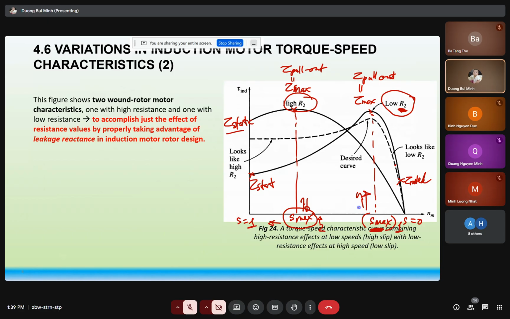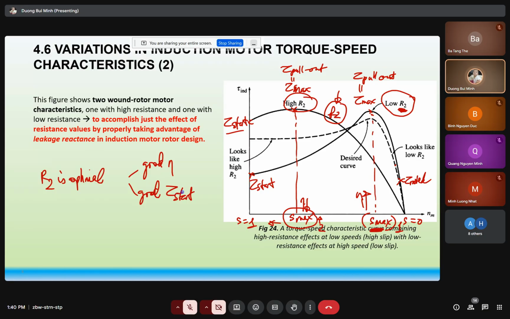So we need to design the induction motor with suitable values of R2. If R2 is optimal, you can get good efficiency and a good starting torque. So we have the conclusion.